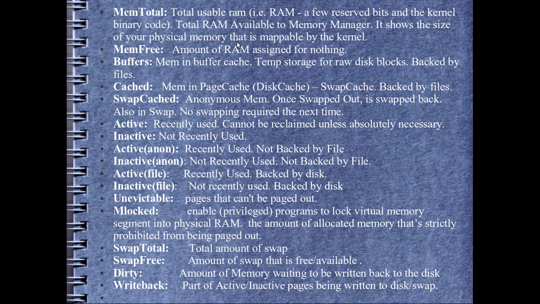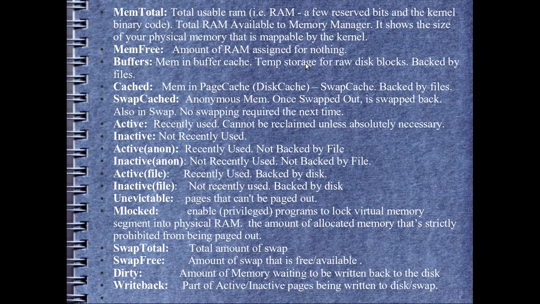It shows the size of your physical memory that is mappable by the kernel. Okay, MemFree, which is free and which is not allocated for any purpose, which is assigned for nothing.